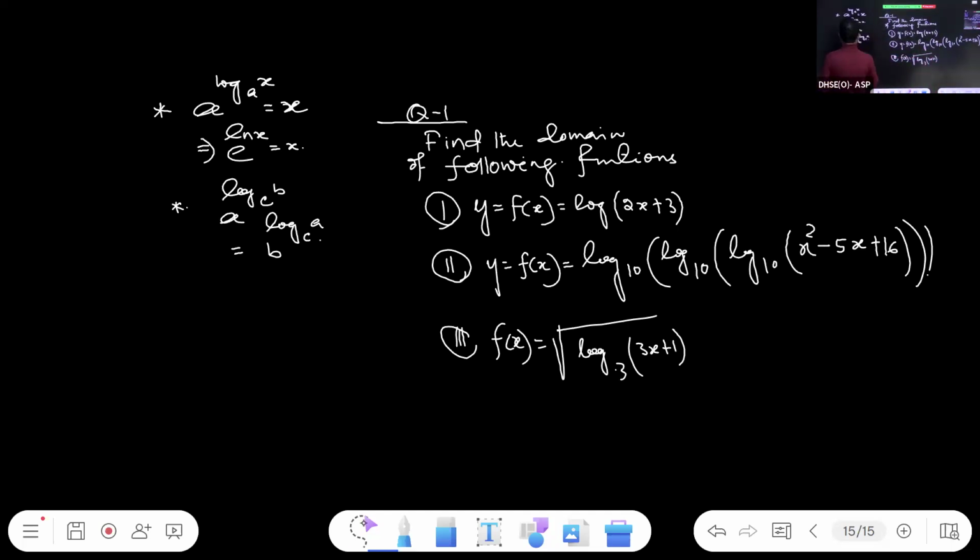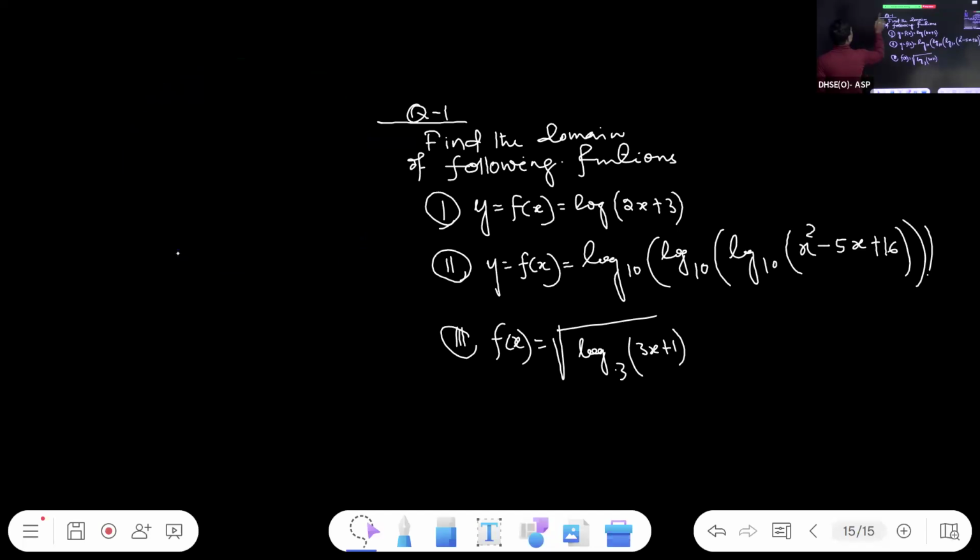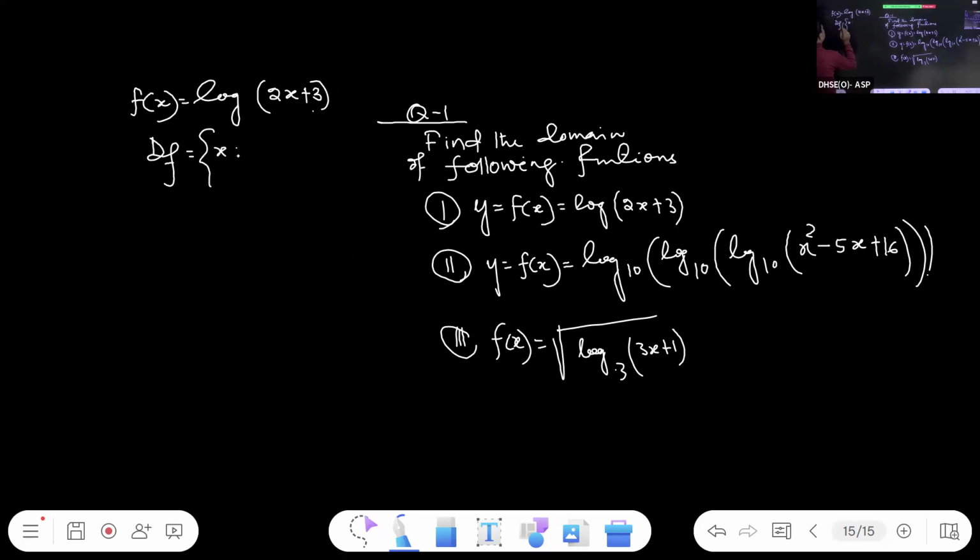Okay, so come to question number 1. f of x is equal to log of 2x plus 3. So the domain of f is the set of all values of x for which the argument of the log function should be greater than 0.